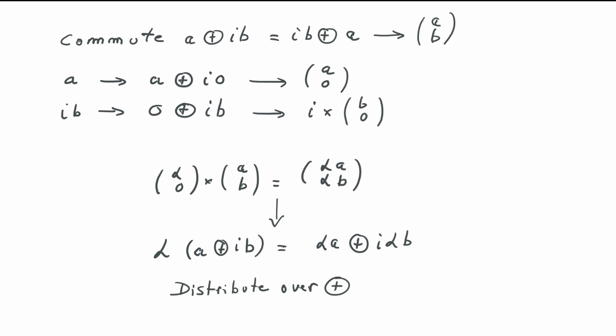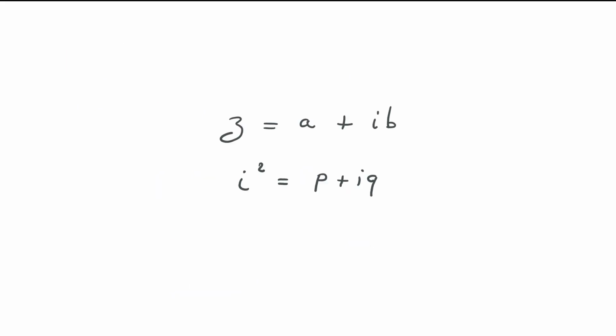Because if you do accept this distribution, you will find exactly the same result, which is alpha a plus i alpha b, which then maps to the pair (alpha a, alpha b). And that's it. So this is why now this circled plus, you can just forget about it and put a plus, okay? But it's not the addition on pairs, full stop. This is the usual notation. And now I come back to our problem initially, which was to determine this famous i squared. I know that it's p plus iq, and I still don't know what the value is.